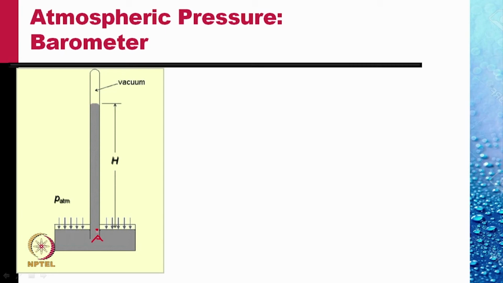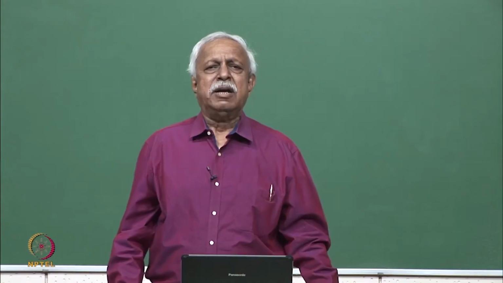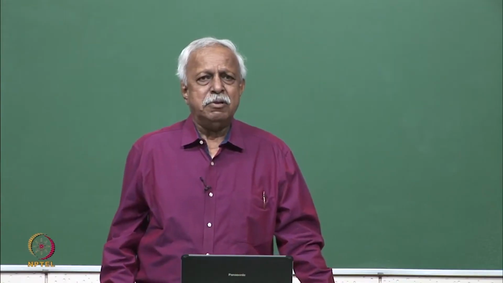So this point here should be at a pressure equal to P atmosphere minus rho g h, where rho is the density of the mercury, g is the acceleration due to gravity, and h is the height of the column of mercury. Now the pressure at the top should be zero because it's vacuum. Actually, it will not be vacuum, it would be the vapor pressure of mercury at the given temperature.